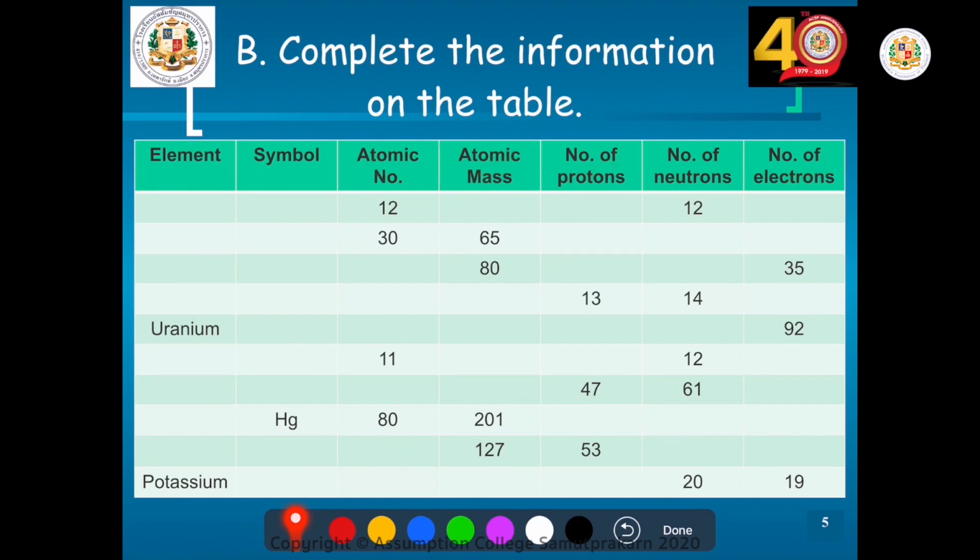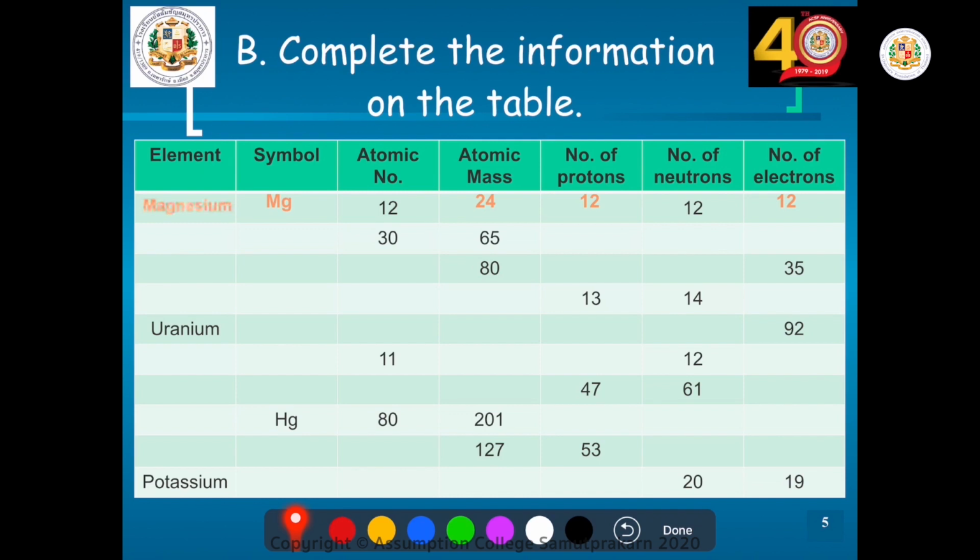So for number 1, if the atomic number is 12, protons and electrons are also 12. And 12 neutrons plus 12 is 24, so the mass number is 24. Looking at your periodic table, what element is this? Right, it has the symbol Mg and the name is magnesium.